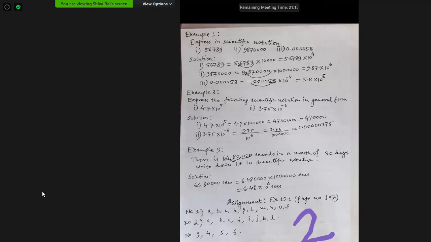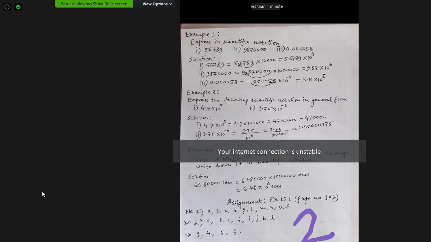You can consider that the decimal is after the last 0. If you bring that decimal in between 6 and 4, it becomes less than 10. We have to make it less than 10, or up to 9.99. The decimal shifts 6 places left, so you multiply by 10 lakh.